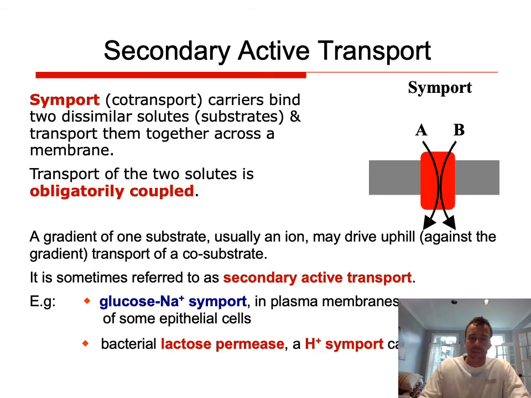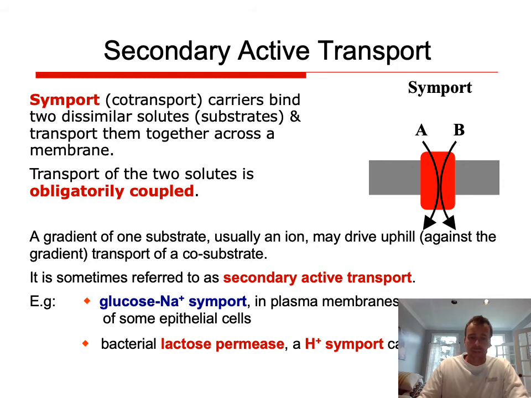The symport or co-transport carries two dissimilar solutes or substrates and transports them across the membrane. But the transport has to be coupled. So the gradient of one substrate, usually the ion, may drive uphill, so that's why we have this classified as an active transport system.